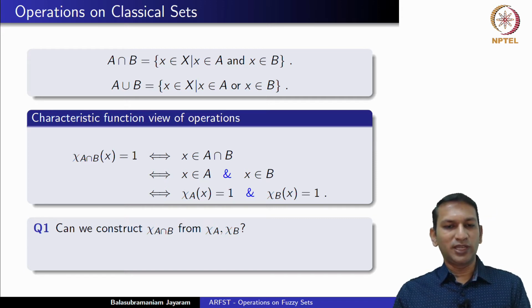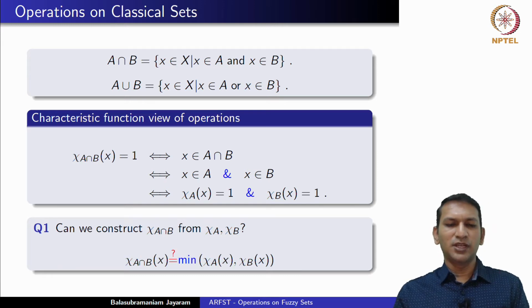Looking at the values on the left hand side and the two values we have on the right hand side, it appears perhaps we could look at writing the characteristic function of A intersection B as a minimum of the corresponding characteristic functions of A and B. If you substitute chi A of X is 1 and chi B of X is 1, minimum of 1, 1 is 1, and that's the answer that we are expecting for the characteristic function of A intersection B at X. However, this is valid only when X takes the value 1 under the characteristic function of A intersection B.